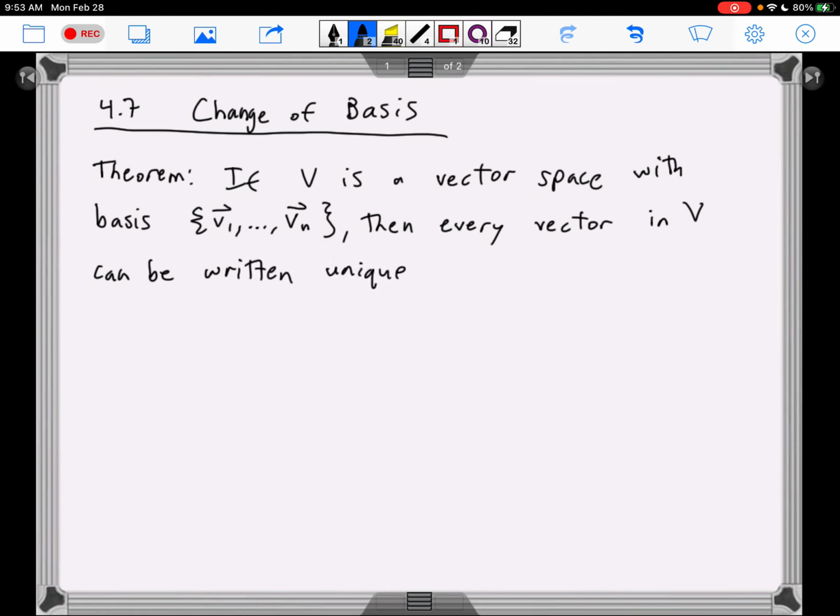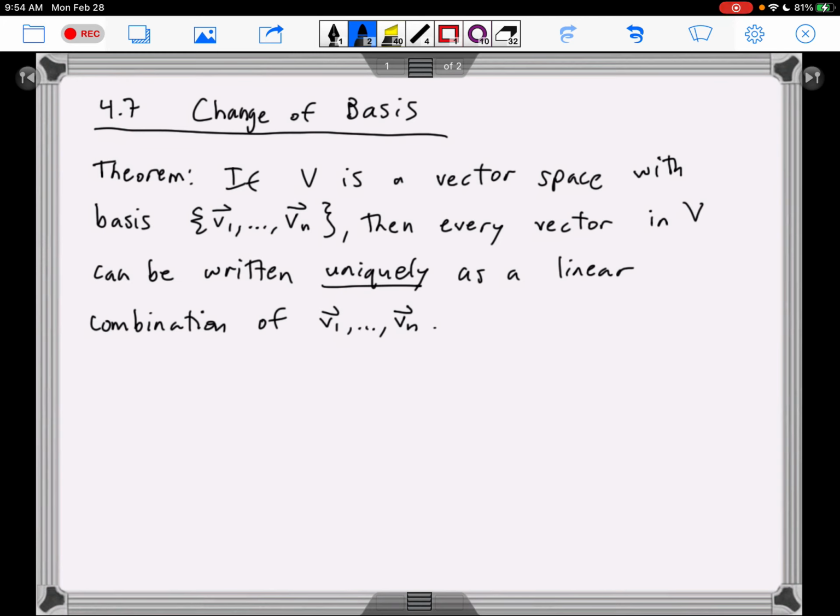And that's the key word here, so I'm going to underline it, okay? Can be written uniquely as a linear combination of the basis elements, the basis vectors. Okay? Uniquely, that's the key here, okay?